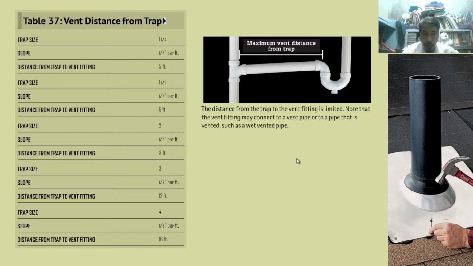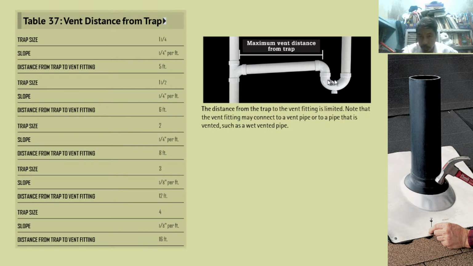Okay, so if the trap size is given, then you have to divide. 2 divided by 1/4, that is 8. But if you have the distance, you need to multiply in order to find the trap size. For example, you are given a trap size of 4.